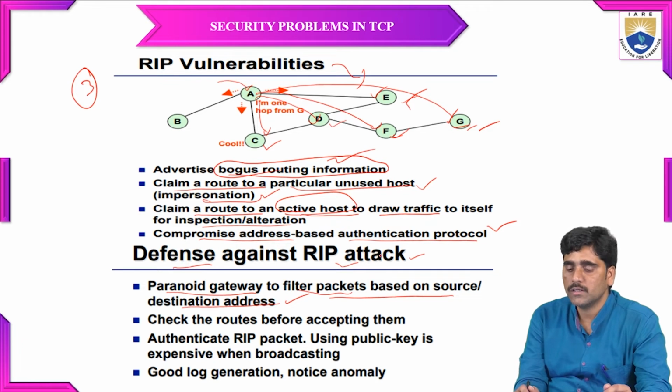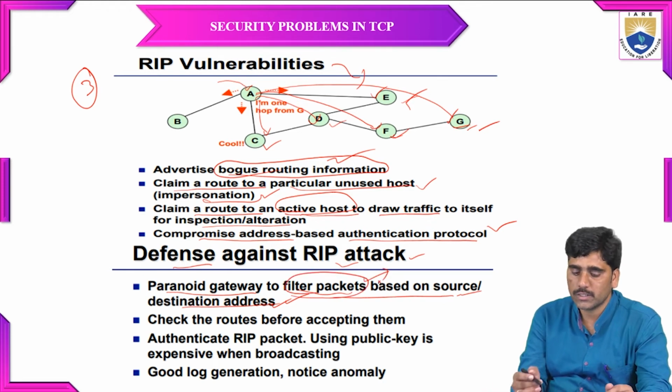That means each and every packet being transmitted, we have to identify whether it is coming from a trusted source or not, and filter them based on source or destination address. If the packet is coming from an authorized address, then there is no need to worry. If it is coming from an unauthorized address, then we have to filter and delete the packets. So that is one technique.